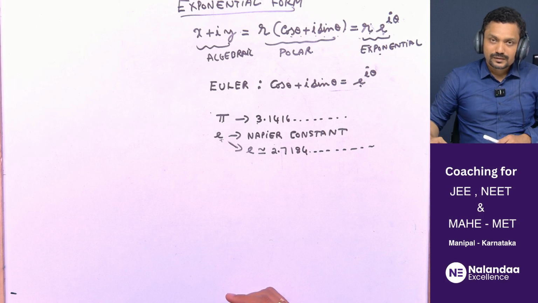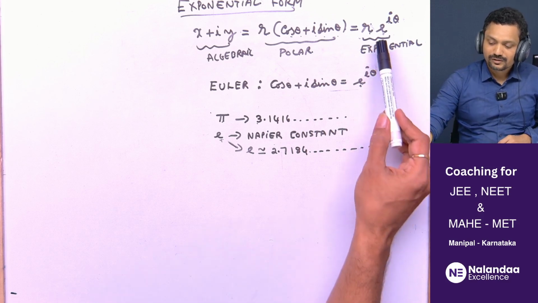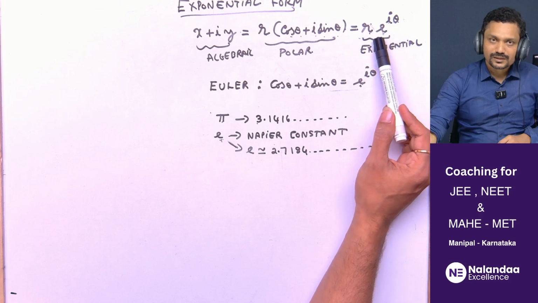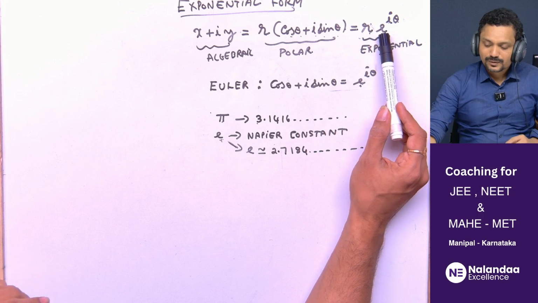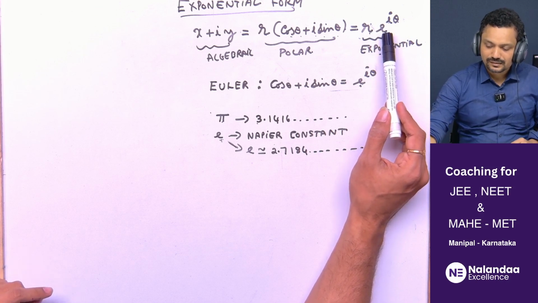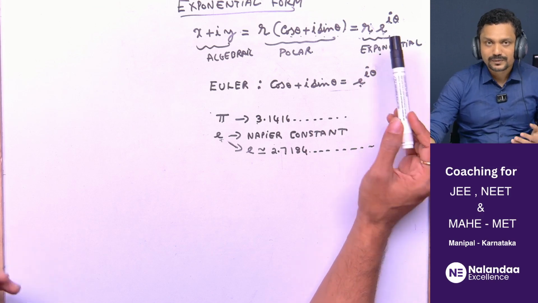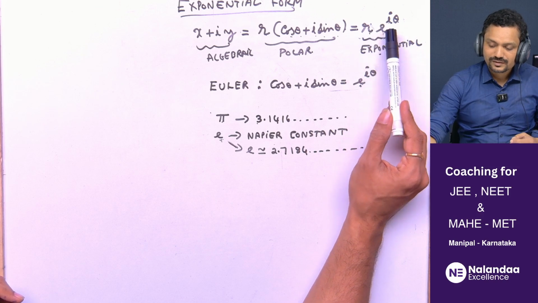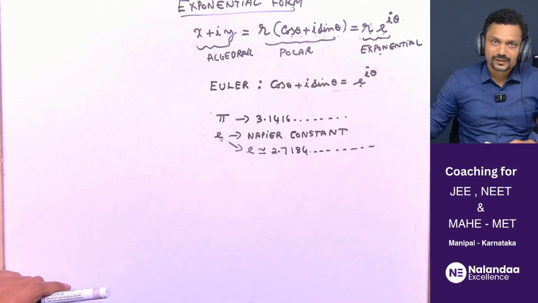But at the end of this chapter, not today, I will do some 3 or 4 problems on e. Nowadays they are not asking this concept, but in case it is asked in a paper, only for the sake of safety I'm doing this. But polar form is very important.